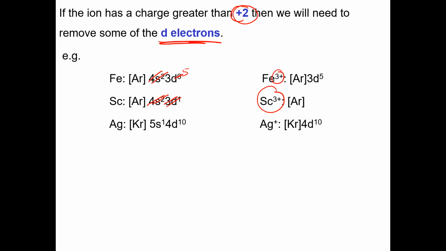For silver plus, I remove an electron from the 5s subshell, which gives the configuration krypton 4d10. Again, we only remove d electrons when the charge on the transition element is greater than +2.